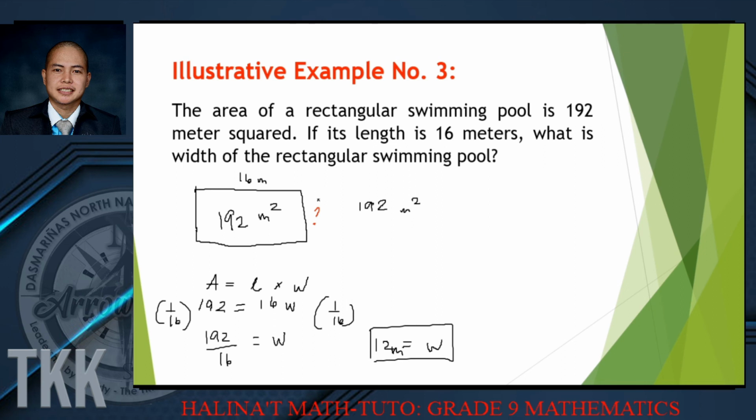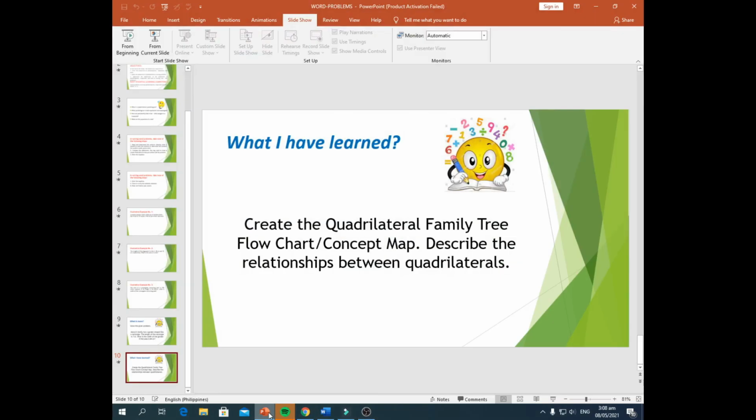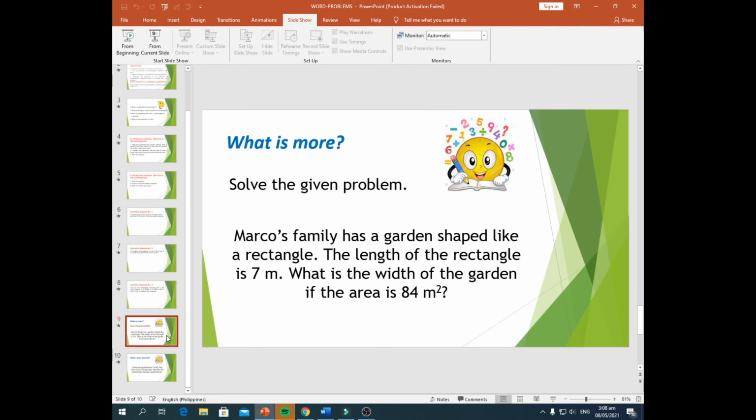Pwede nating i-check kung talaga siya ay 12 given the fact that the area is equal to length times the width. So if length is 16, then the width is 12. Multiplying 16 times 12, we got 192.